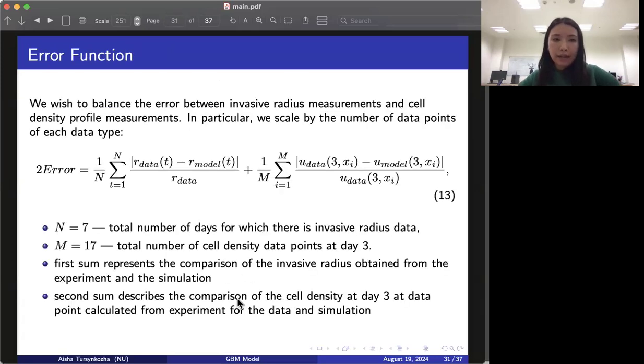For the error function, we choose this equation where the first term represents the comparison of the invasive radius from the model to the data obtained from the images. The second sum represents the comparison of the density profile at day 3 from the data and from the model.